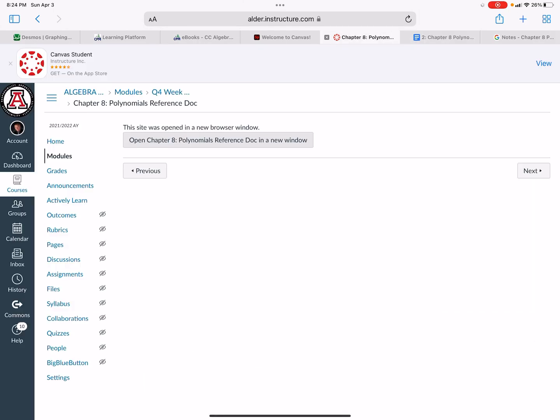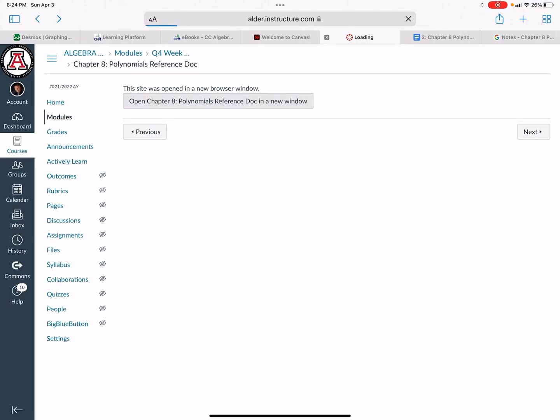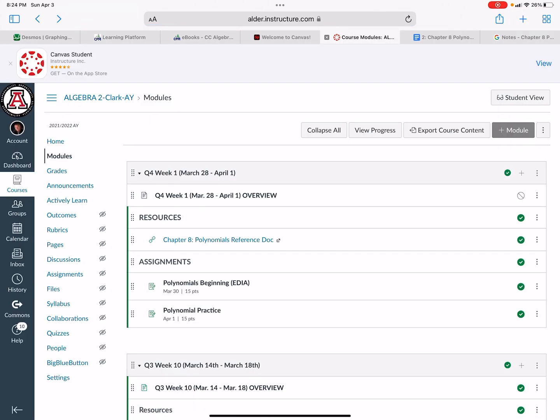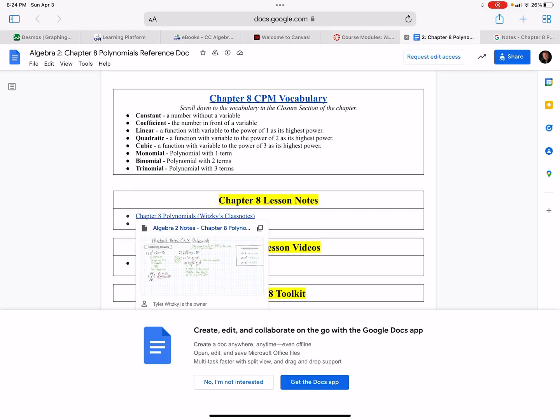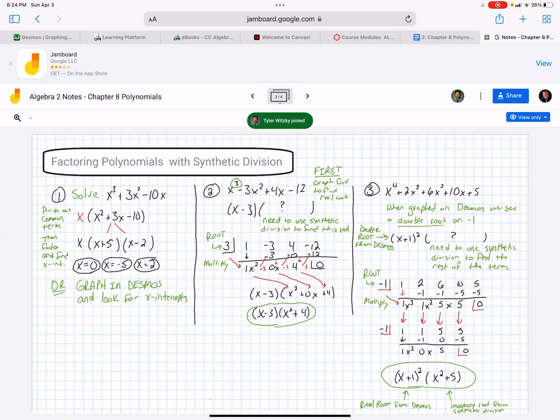If you go into our chapter 8, I think it's in reference, you hit that polynomials reference doc, click on it, go down here to his notes, click on the notes right there, and it'll take you to everything we write down in class. I feel like I'm going to copy a lot of this, but it's still great to have it there. He does a great job of putting it in there for you. And again, we're going to walk through some of these again today.